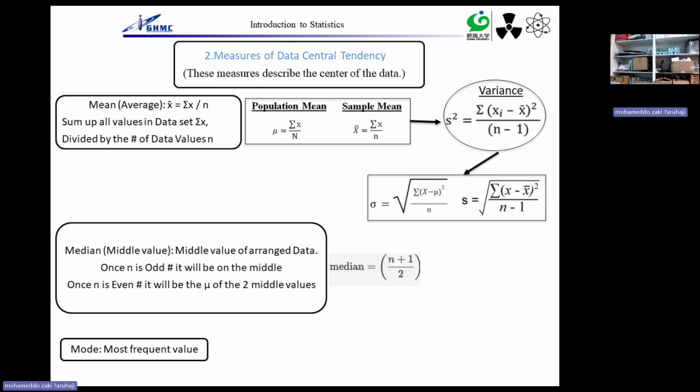Now I have six values. Where is the middle number for this one?